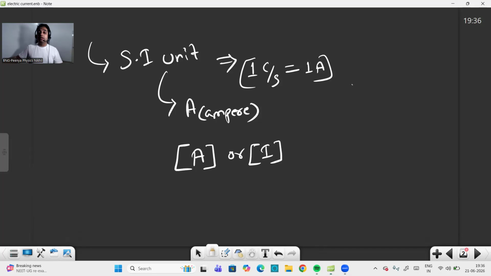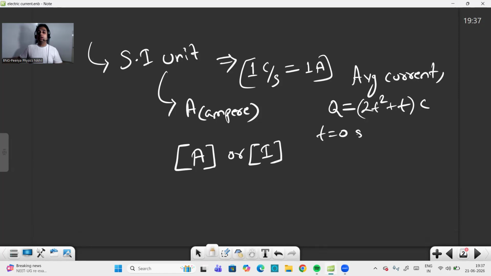For example, in average current, a question can be asked like this: if the charge Q is given as 2t square plus t coulomb, find the current flowing from t equals 0 second to t equals 2 second. So how to find the average current?